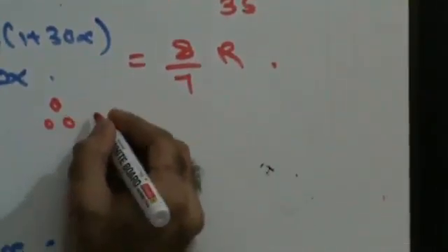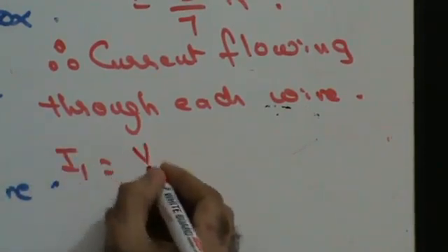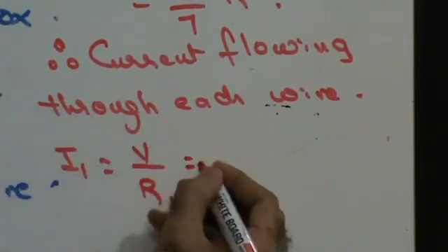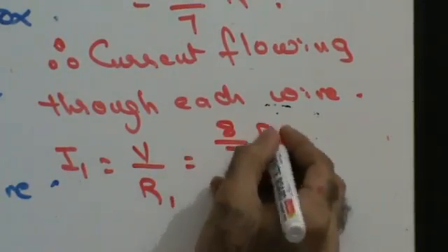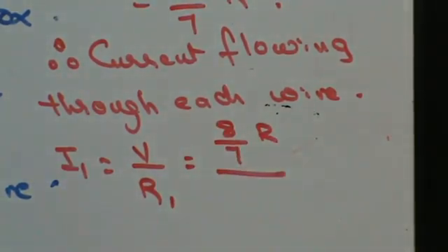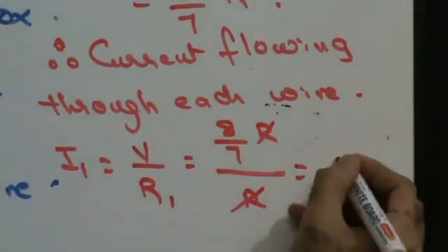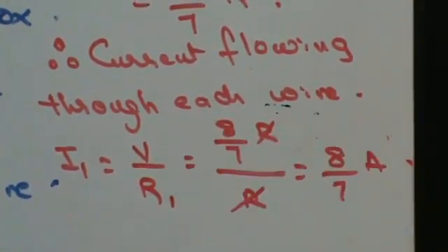Let I1 be the current flowing through the first wire. By Ohm's law, I is V upon R, so I1 is V upon R1, which is 8 upon 7 R divided by R, so I1 is 8 upon 7 amps.